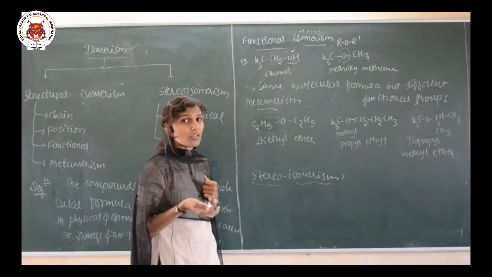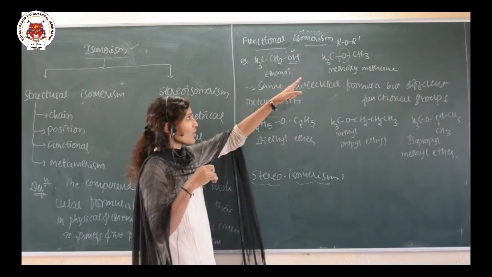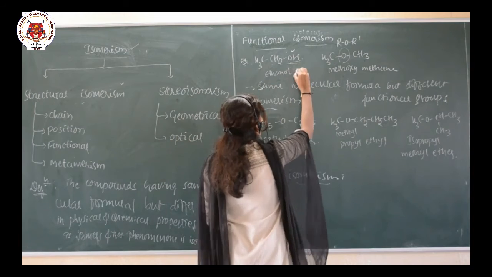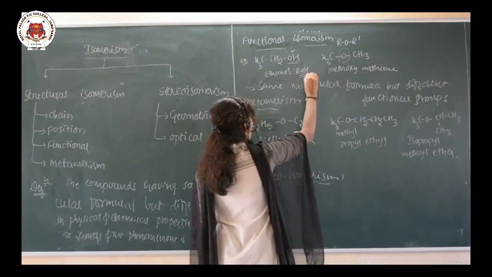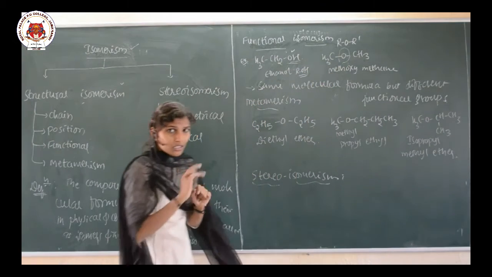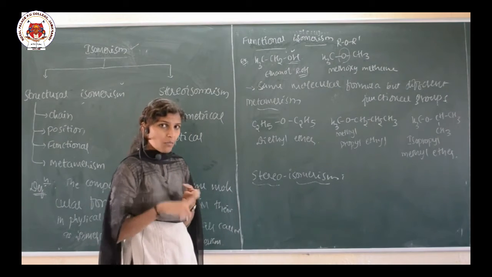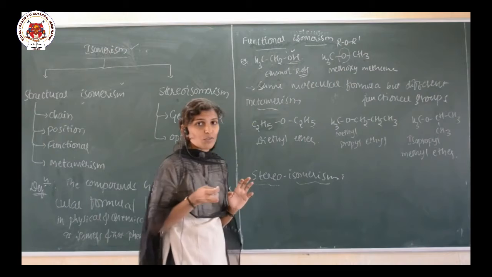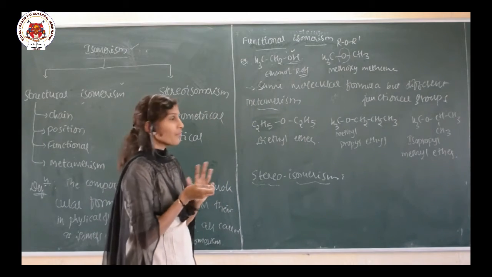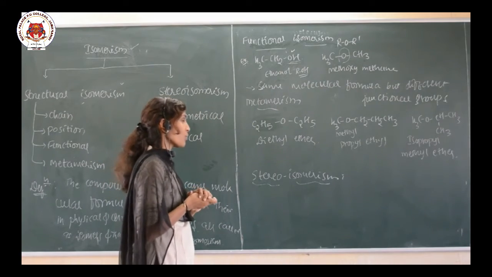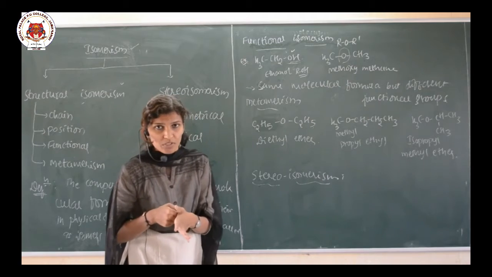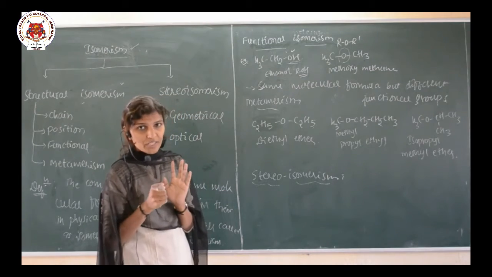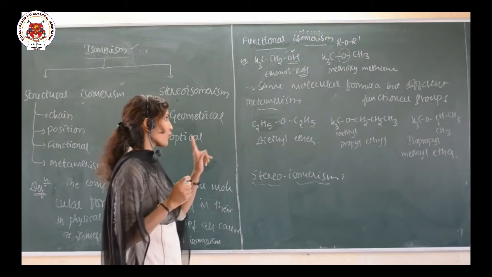It is a class of the ether while this is a class of the alcohol. Even though those two have the same molecular formula, the functional group is different in both cases. Such compounds are said to be functional isomers, and the phenomenon is called functional isomerism. Clear? So let's go for the metamerism.